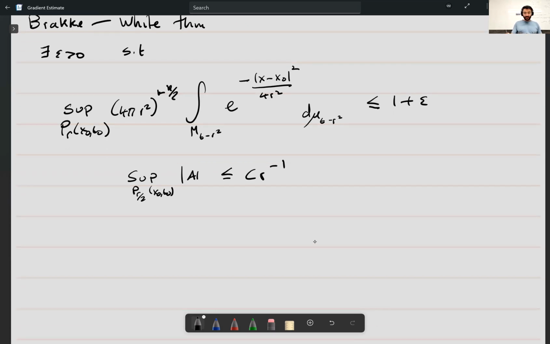So actually, I don't need to compute this integral. If you look at the integral, you can see that it doesn't depend on anything about the surface except for the measure on the surface, right?